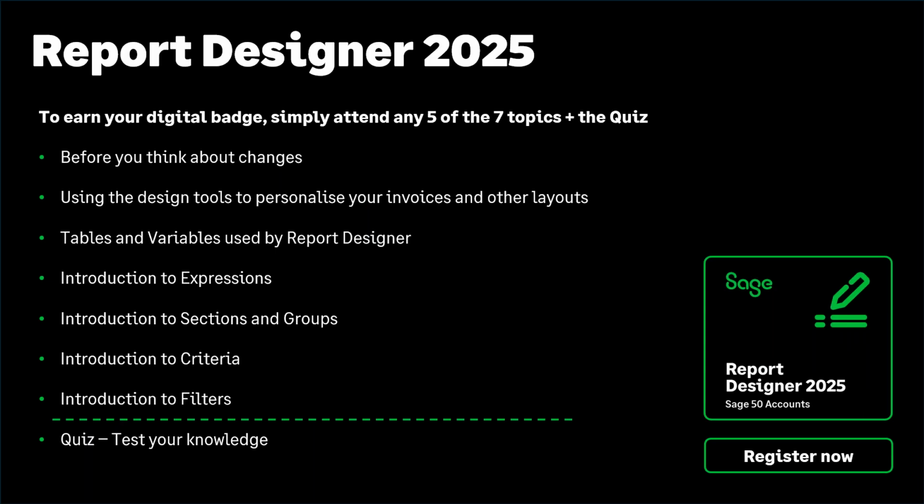And then we end the series with a quiz. If you attend any 5 of those sessions along with the quiz, you will earn that digital badge. If you did attend some of them last month, they will just be merged as well. So they will contribute to that, just in case you're trying to do a top up this month. So don't feel if you've attended the expressions session that you need to attend it again to get the badge. That will be taken into account when we issue the badge.